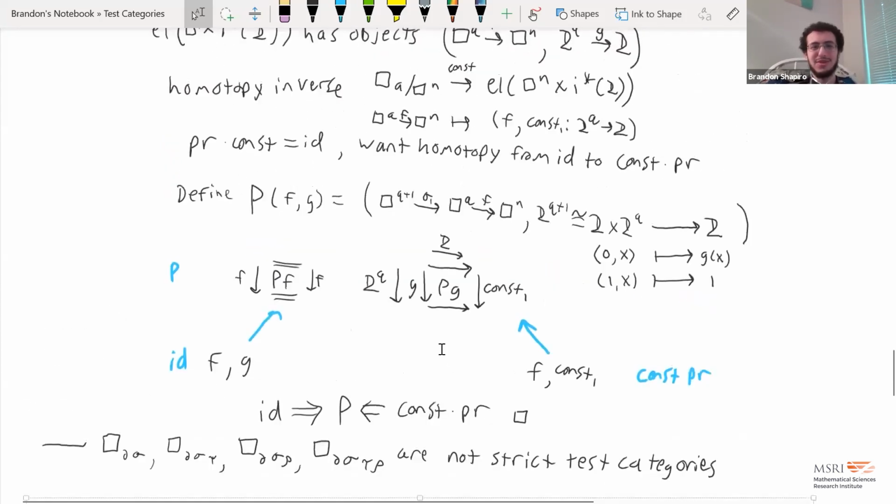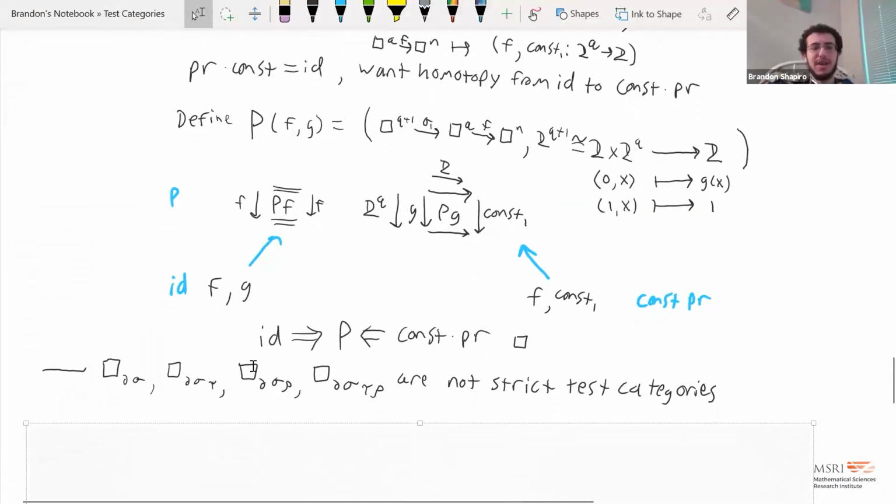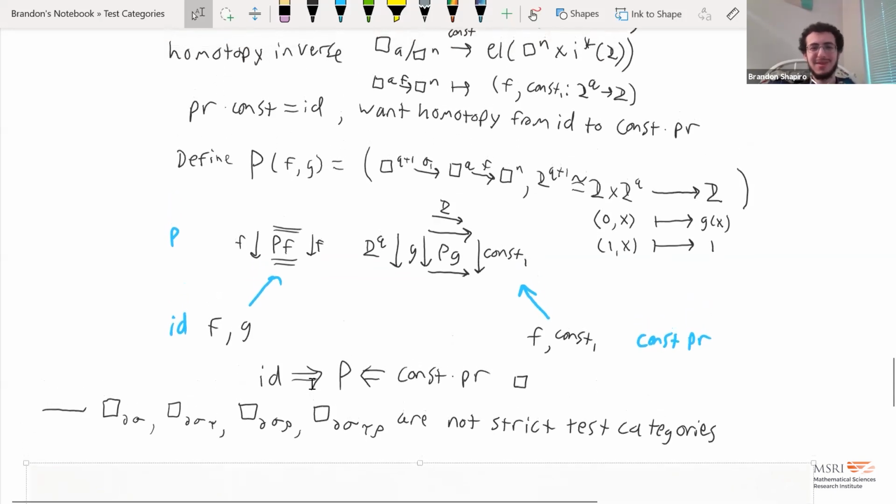So I'm just going to tell you that the cube categories that are left, namely those which are not Cartesian and don't contain any connections, aren't strict test categories. And you can prove this by taking the product of the one cube with itself and just working out what its homotopy type is. In each of these cases, it ends up being a wedge product of some copies of S1 and S2. And it's definitely not contractible.